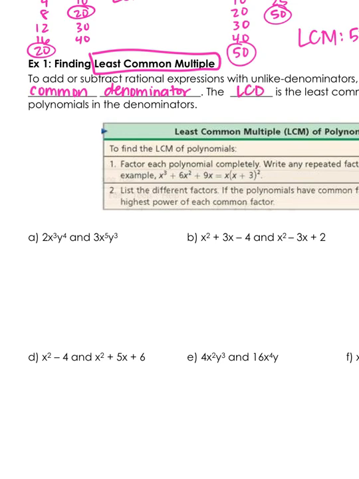It's really the same thing. It just helps us remember that it's going to be in the denominator in both of our polynomials that we're adding or subtracting, as well as our answer.